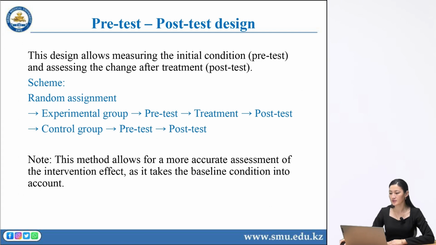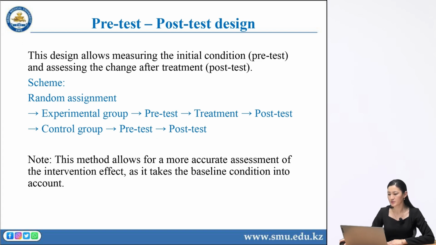Next design is pre-test post-test design. This design allows measuring the initial condition, pre-test, and assessing the change after treatment, post-test. This helps measure the change that occurred after the intervention.